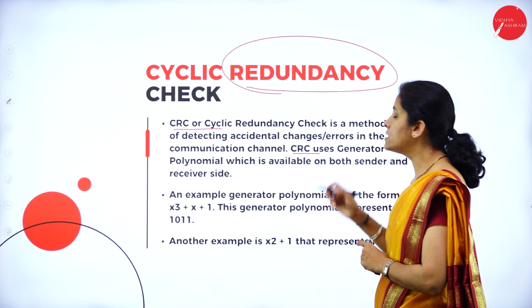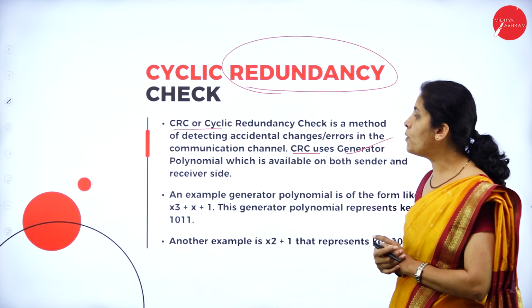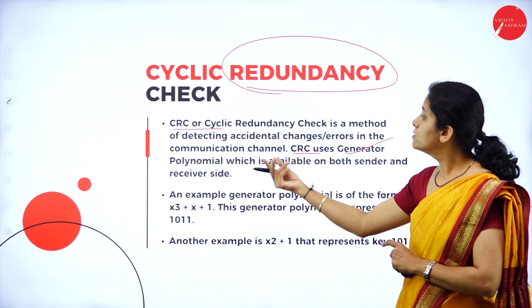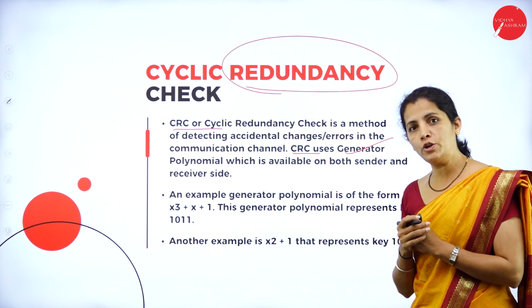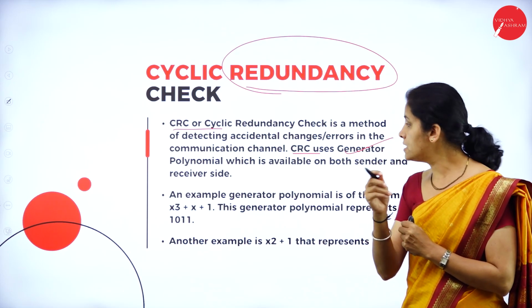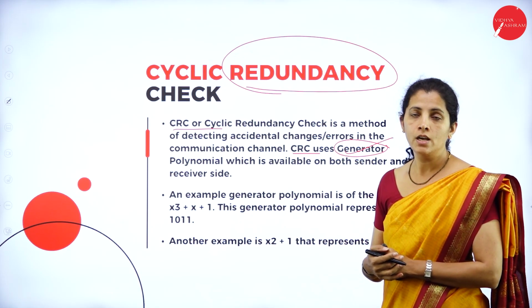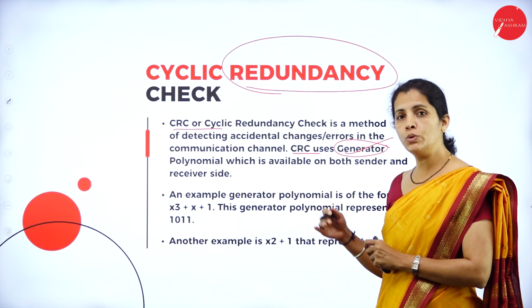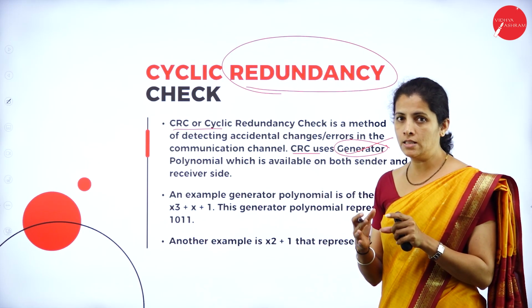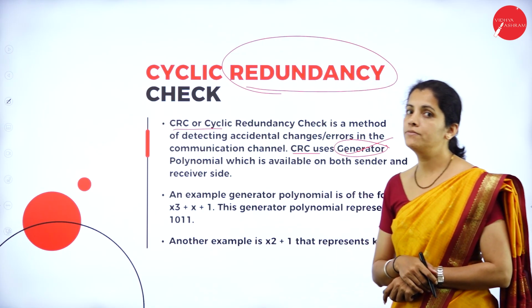So here cyclic redundancy check uses a generator polynomial. In this CRC, we are going to use polynomials. That is itself known as the generator polynomial. To find the CRC bits, we are going to use polynomials, at the sender side and at the receiver side also.